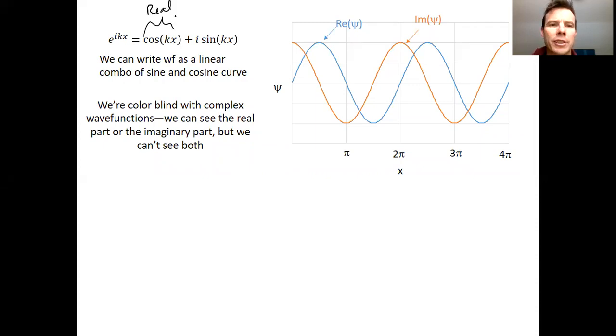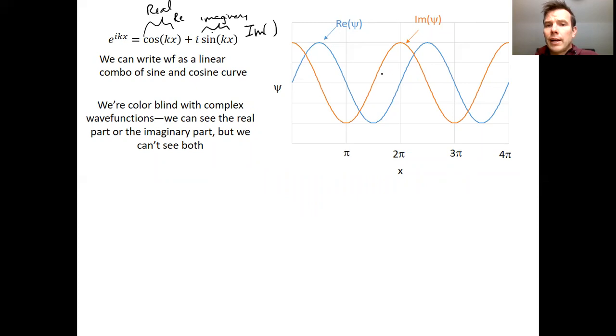It has no imaginary components. You abbreviate it Re. This is called the imaginary part of the function. It has the imaginary terms, and we call this Im. And if I want to represent what this wave function looks like, right, it's a combination of sine and cosine curves.